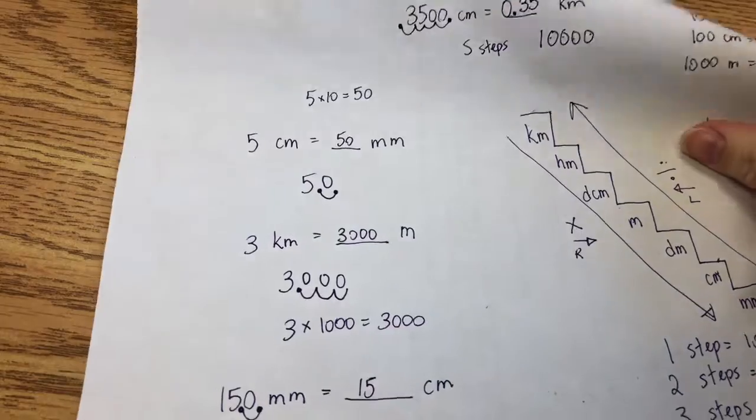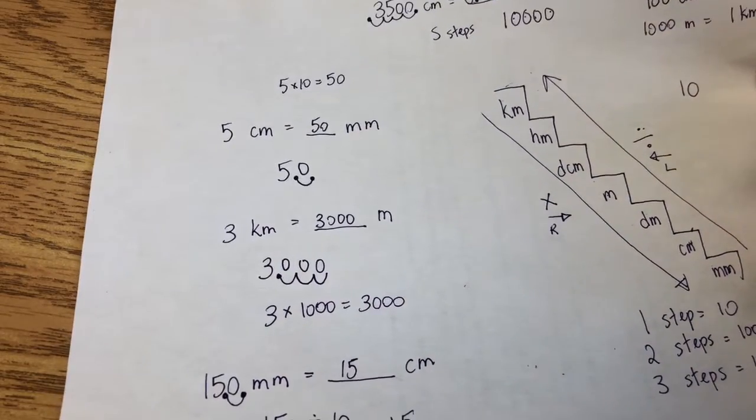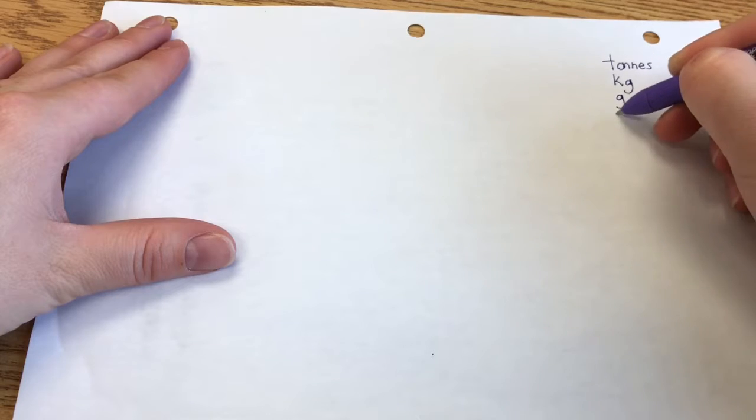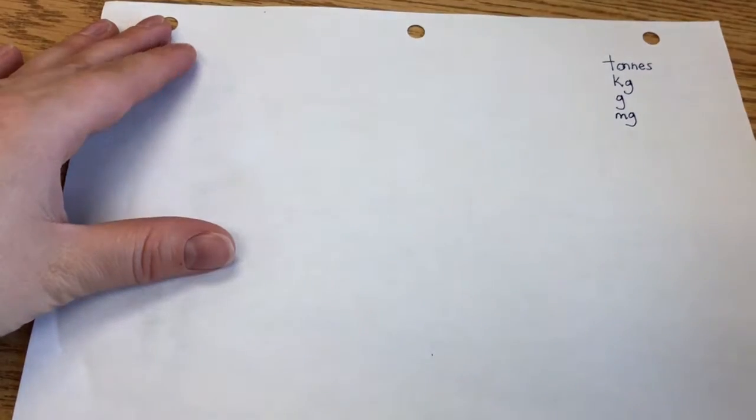Now, that is great for units of length, but what about units of weight? So let's take a look at it. When we're looking at weight, we're discussing the concept of tons, kilograms, grams, milligrams are the common ways that we measure things. Now we can go back and we create a staircase like we did the other one.